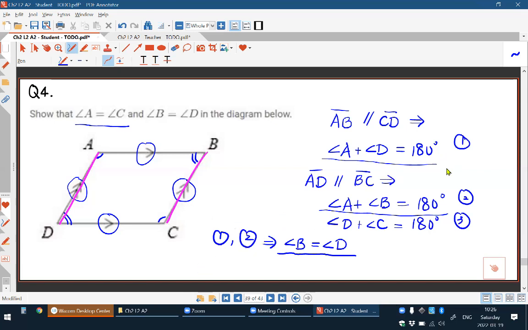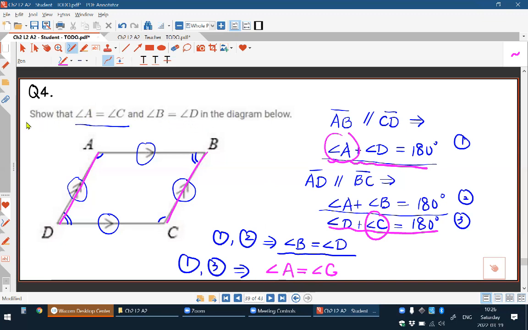That depends on number 1 and number 3. If A plus D is 180 degrees and D plus C is 180 degrees, that means A must equal C. So from 1 and 3, angle A equals angle C. This means we have successfully proved these two statements.